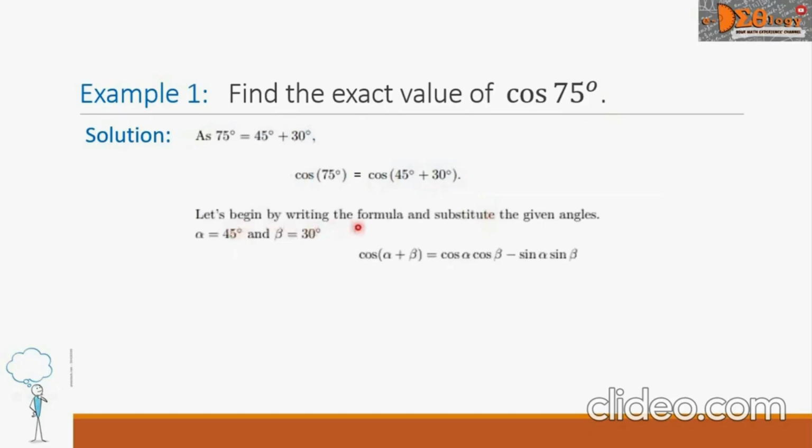Let's begin by writing the formula. The formula is here now, and we substitute the given angles. The alpha corresponds to 45 degrees and the beta is 30 degrees.